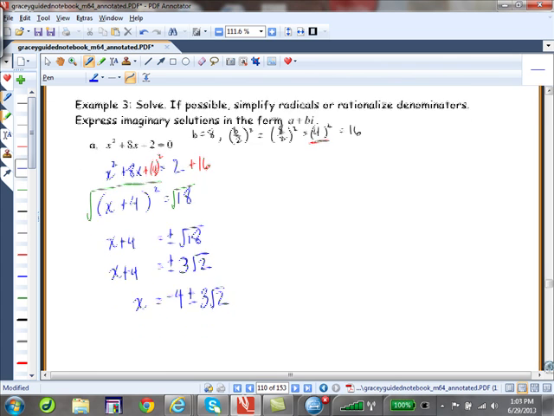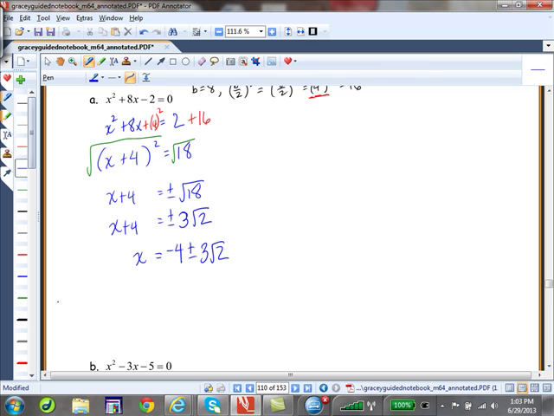So again, our solution set would be, you can either separate them out, or you can write it as negative 4 plus or minus 3 root 2.